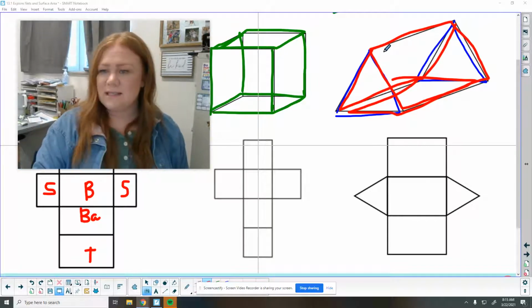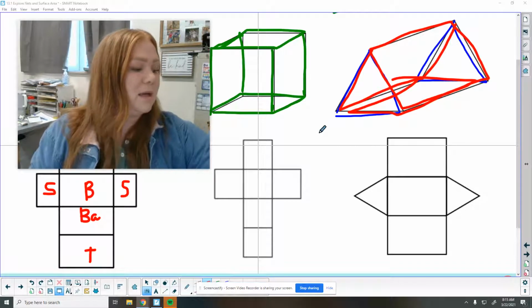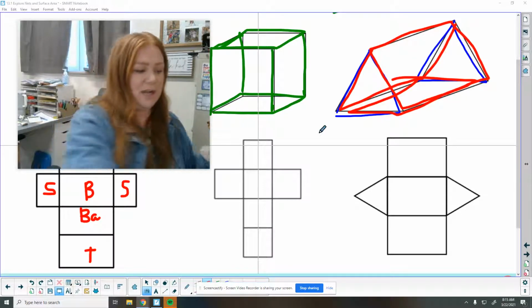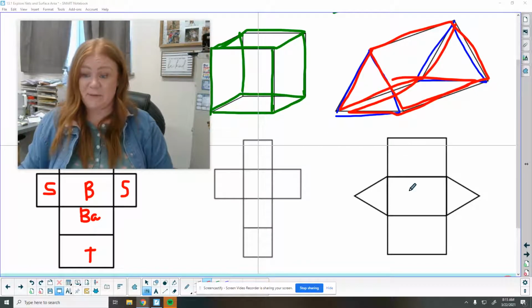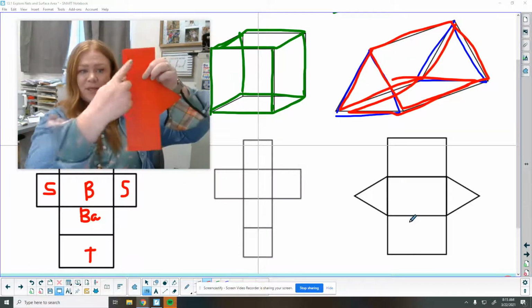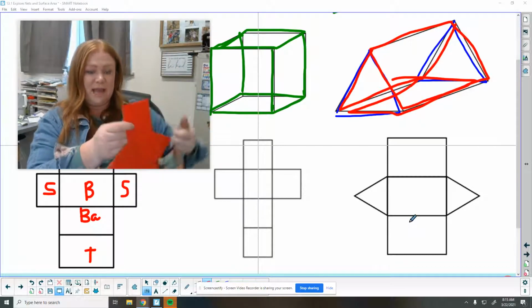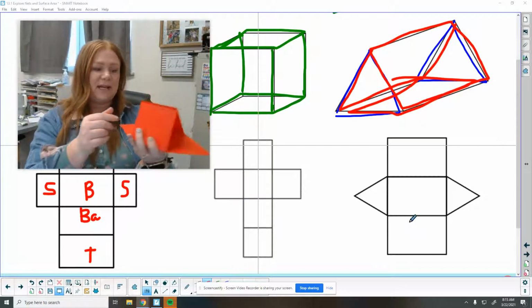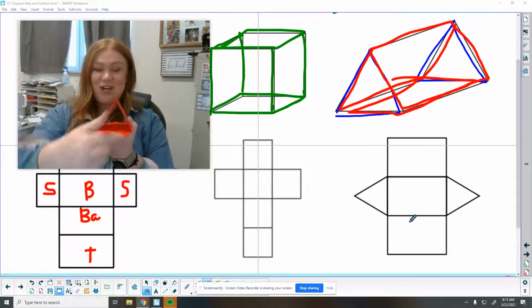Okay, so next we have a triangular prism. Let me find my triangular prism over here. So you can see it's made up of 3 rectangles. Those are the sides. And when I fold up those sides, notice what shape they make. It makes a triangle, right?